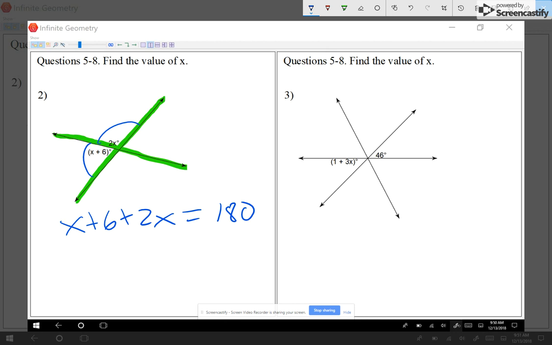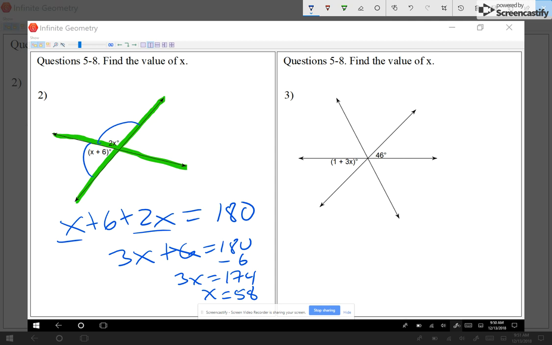If the angles are next to each other, add them up and it equals 180. Here, I can combine the x's. I have 3x plus 6 equals 180. Let me subtract 6. 3x equals 174. Then we can easily divide by 3. X in this case is 58.